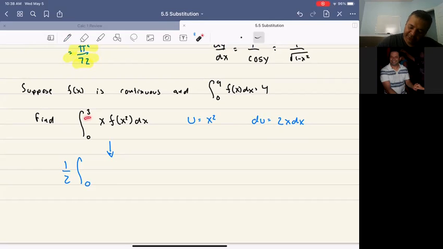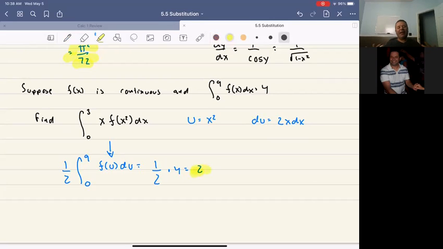When x is 3, u is 9. Now we're going to have f of u du, and so that's going to equal 1/2 of 4, which equals 2.